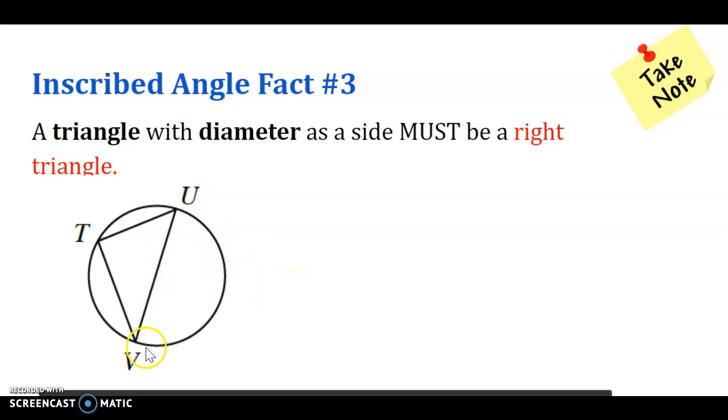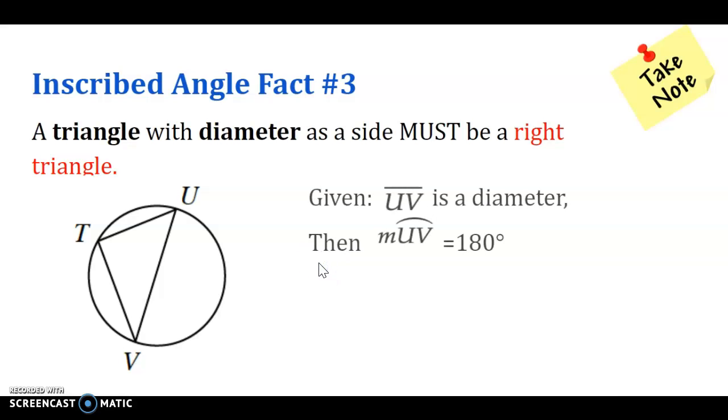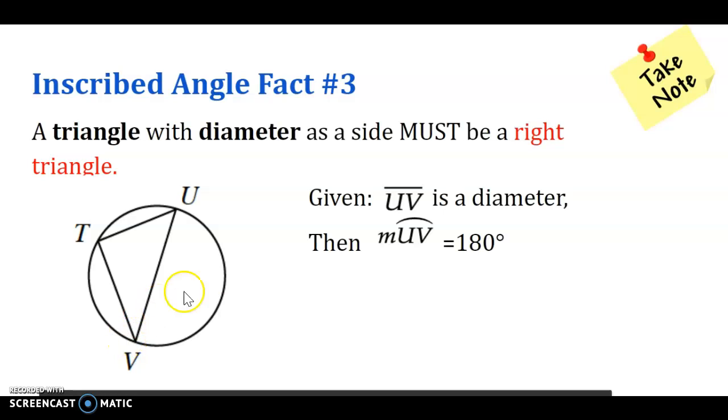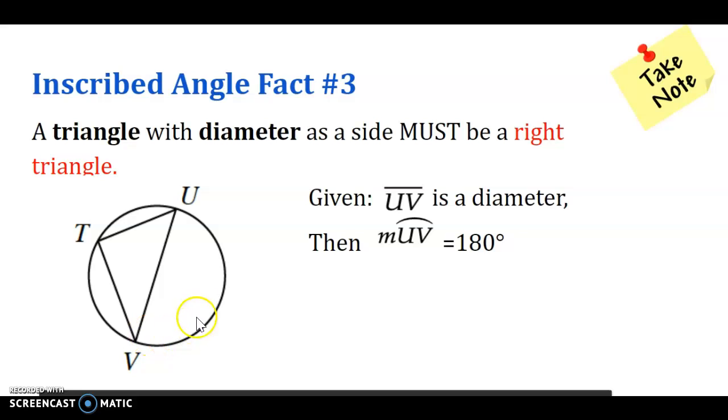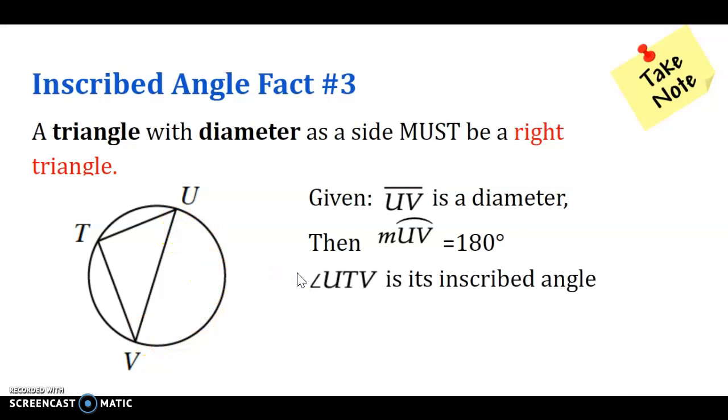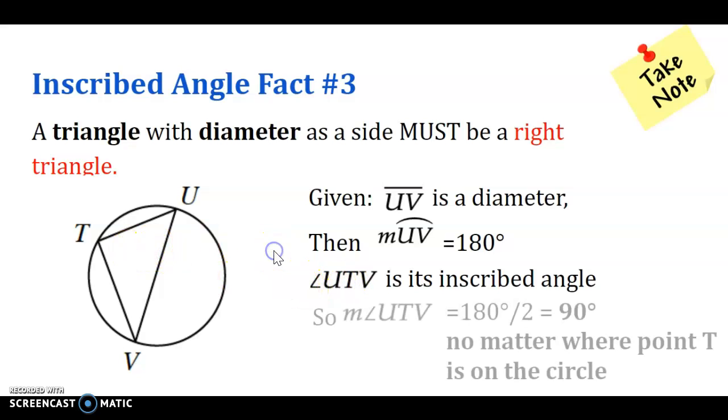Remember the last exercise, we made it into a diameter. Given UV is a diameter, the measure of arc UV would be 180 degrees, and therefore angle UTV, its inscribed angle, is always going to be 90 degrees. I am going to stop here, and the lesson will be continued on the 4th recording.